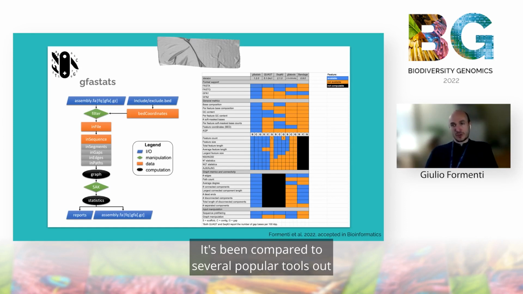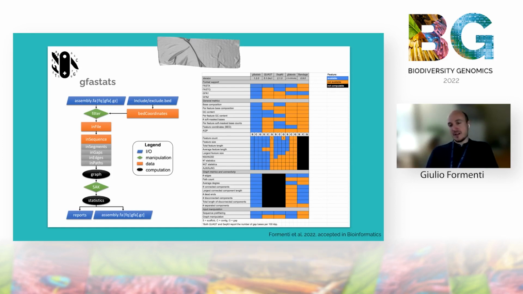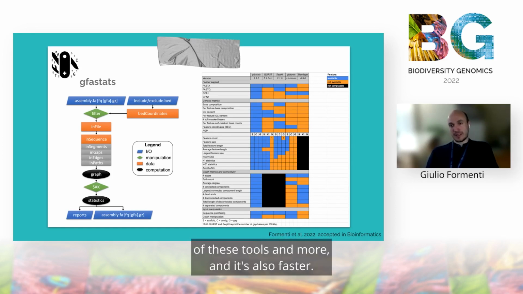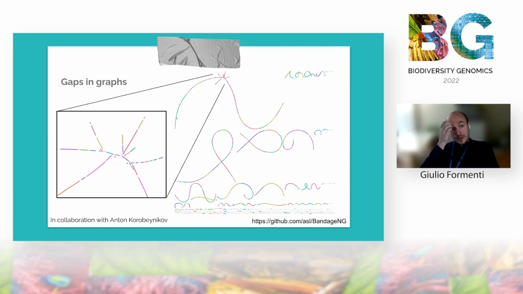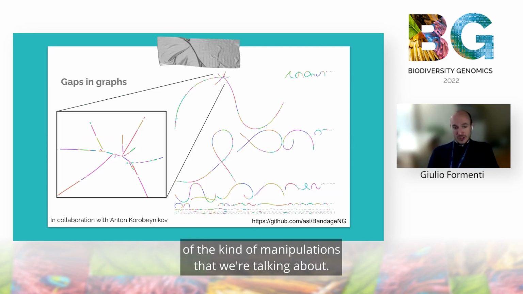It's been compared to several popular tools out there like QUAST, seqkit, gfatools, and Bandage in terms of the statistics that it can generate, and essentially now it includes all the statistics of these tools and more, and it's also faster.